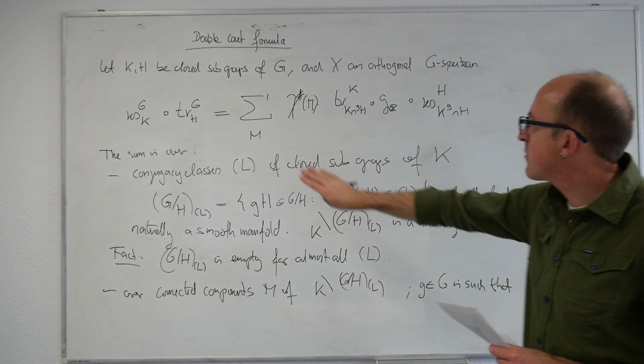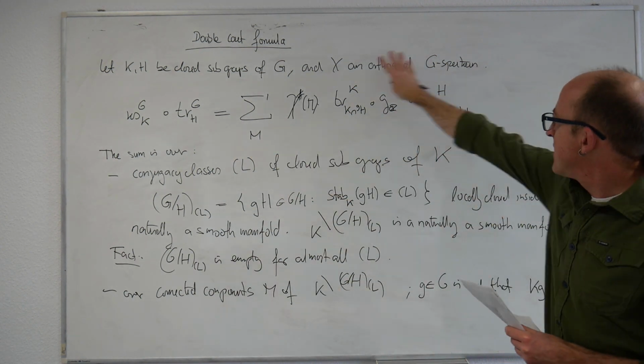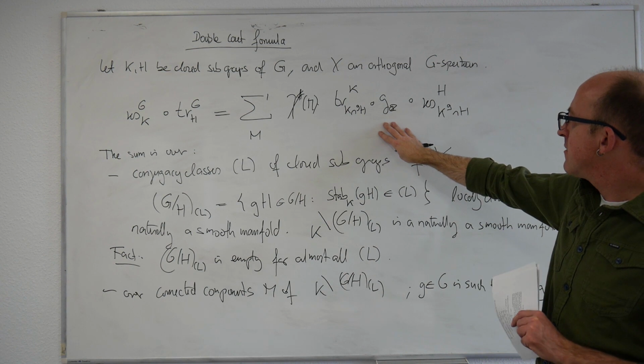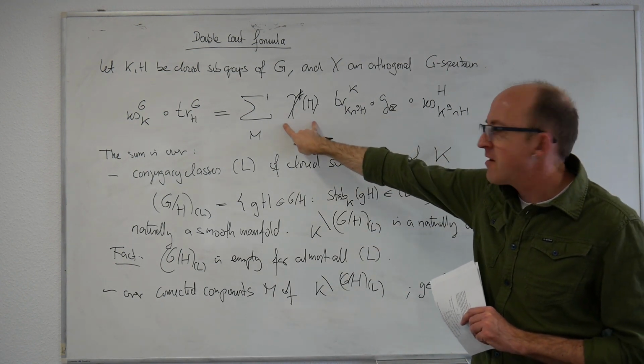Okay, so now I've explained what the sum is running over, and what the g has to do with the M. This is the same term as in the previous double coset formula, so I think all of the terms are defined. So the only thing left is to define this.